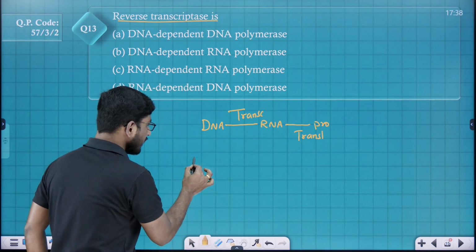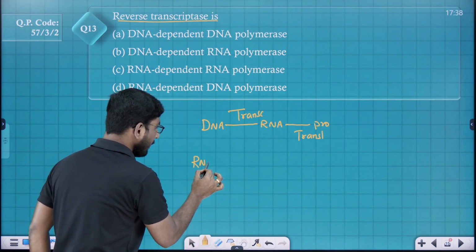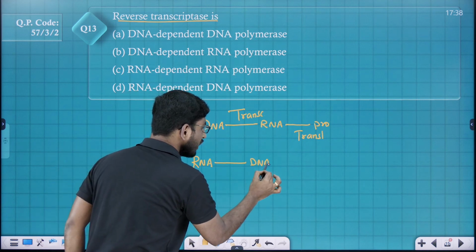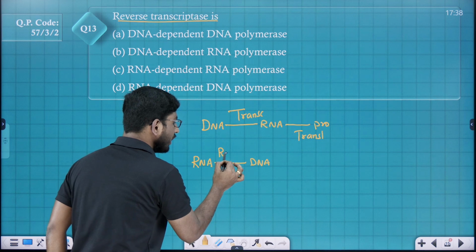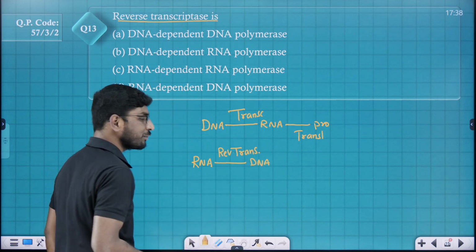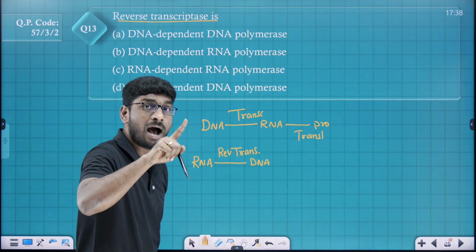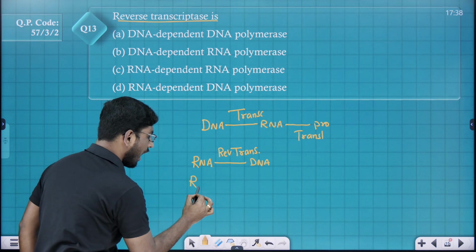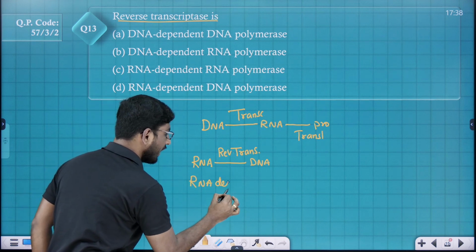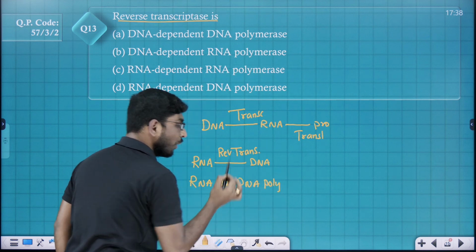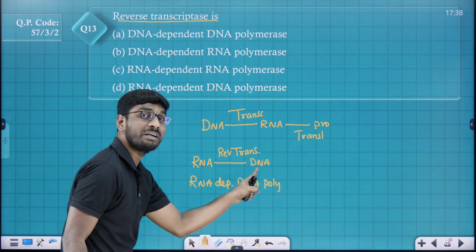In HIV viruses, first RNA will make DNA. This process is called what? Tell me. Reverse transcription. What is the enzyme name? RNA dependent DNA polymerase. They are depending on RNA to form DNA.